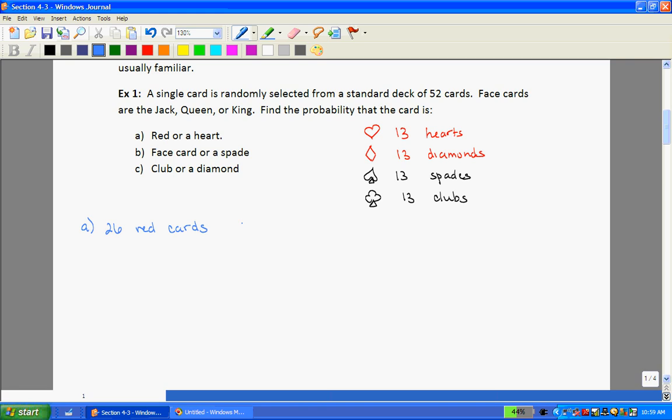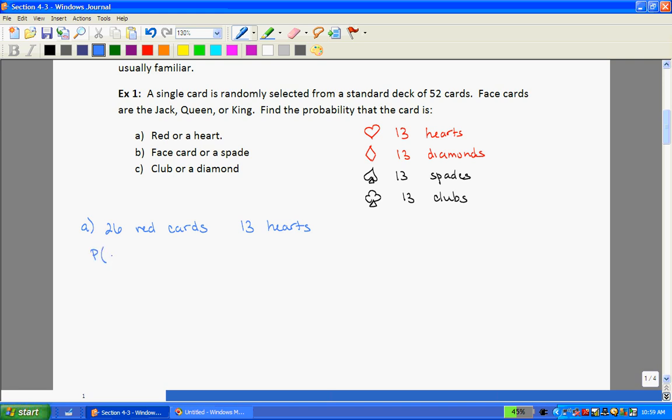But there are 13 hearts. Remember, to set up a probability in the numerator, we're going to have the number of outcomes that fit the event, and then the bottom is the number of possible outcomes.